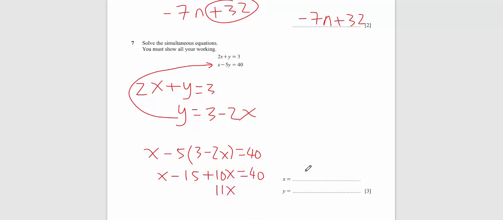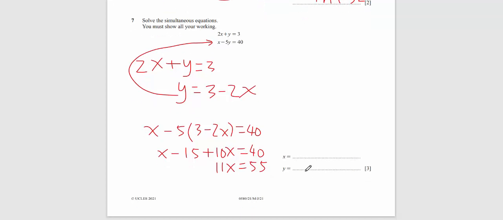Then we have 11x equal to 55. Then x will be 55 divided by 11, which is 5.